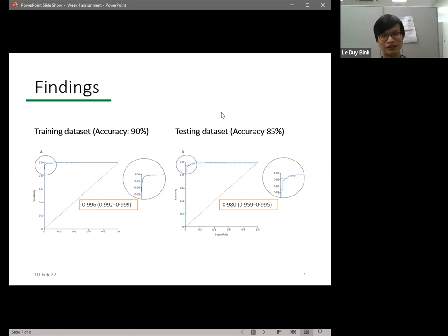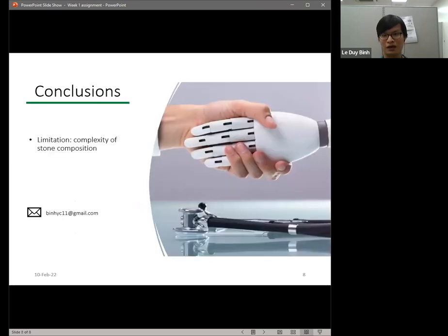For the testing data set, which contains unseen images that the model hasn't seen before, the result drops a little, to an accuracy of 85% and an AUC of 0.98. Nonetheless, our findings, though they look very promising, come from pure stones containing only a single substance. But in the real world, a stone could be comprised of two or more substances.